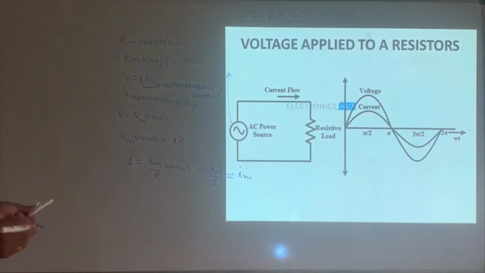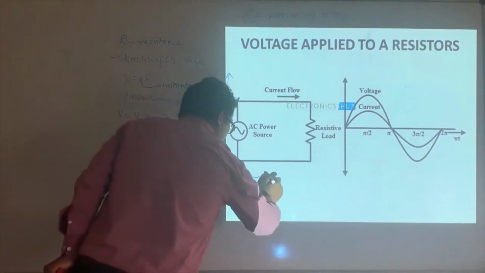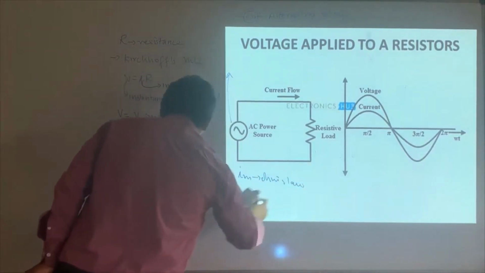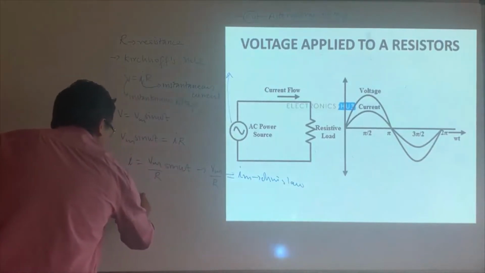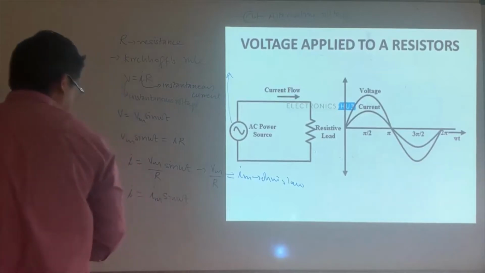This is what we call the amplitude of current. This is from Ohm's law. So I is equal to Im sin omega t.